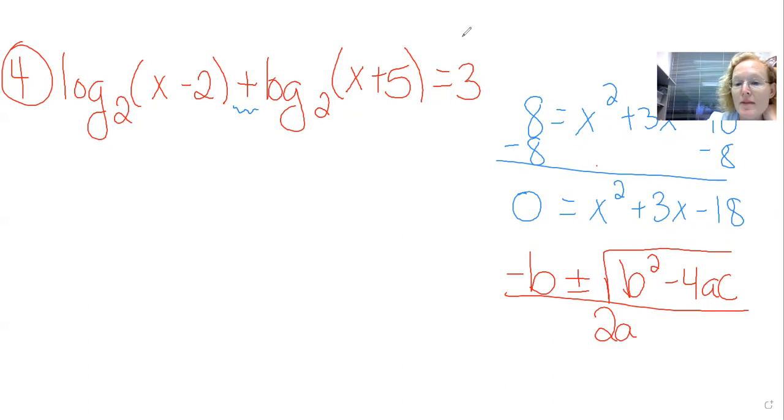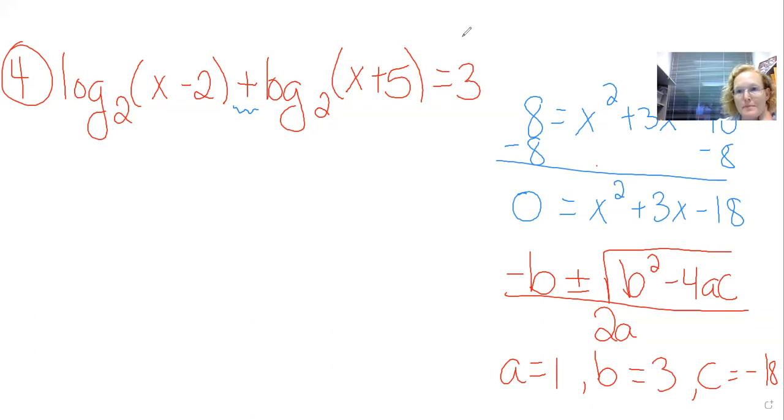Now remember, a in this problem is 1 because it is 1x squared. B is 3 because it is 3x. And c is negative 18 because that was a minus 18. So that's where we get our c.